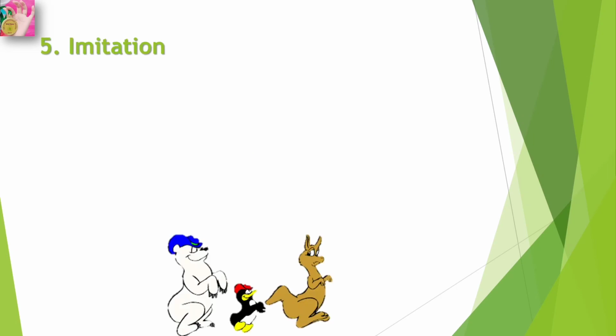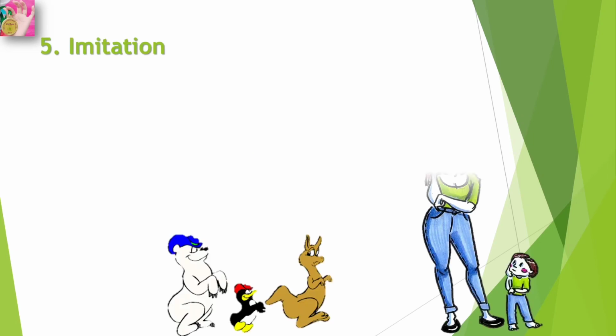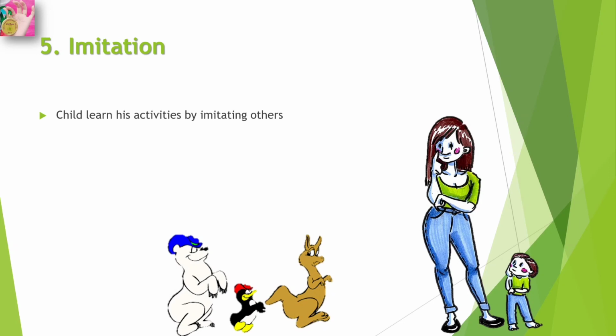The next social motive is imitation, which is imitating others. Now, it is common knowledge that a child learns his activities, habits, and behaviors by imitating others, sometimes imitating grown-ups without knowledge of what he is doing. The power of imitation is stronger in human beings because they can make more minute distinctions.